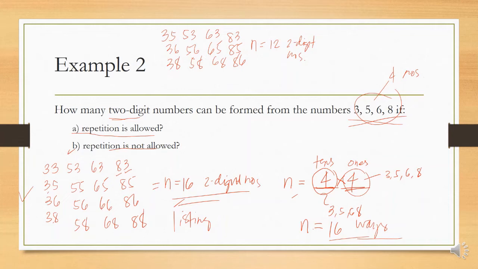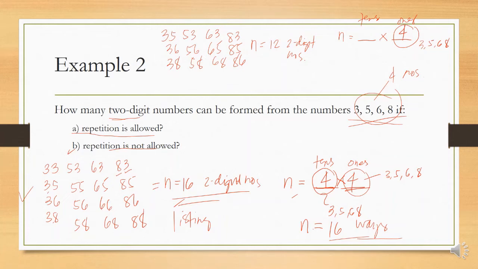Okay? Now, kung igagayahin natin yung ating way pag multiplication rule tayo, ulit yon with this is the ones, this is the tens column. Sa ones column, pwede yung 4. Pwede yung 3, 5, 6, and 8, kahit alin dyan.